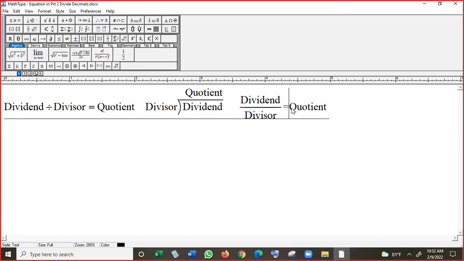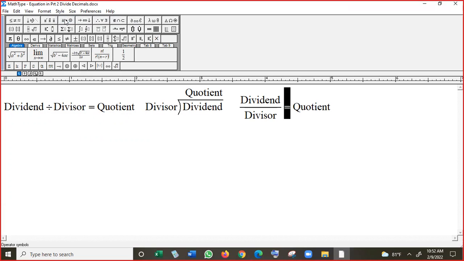So you see, three different ways of representing division. Dividend divided by divisor will give you the quotient. Right, so please take note of that.